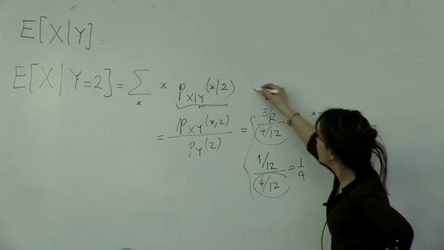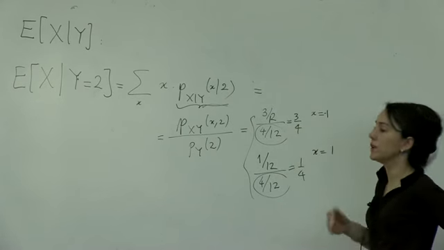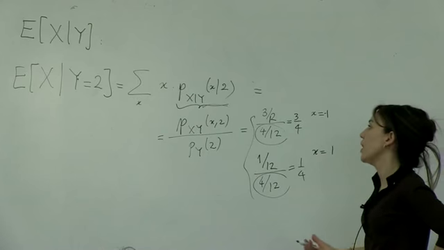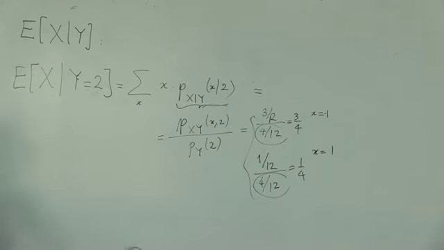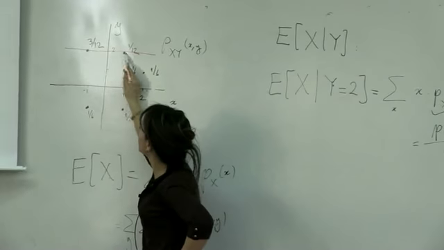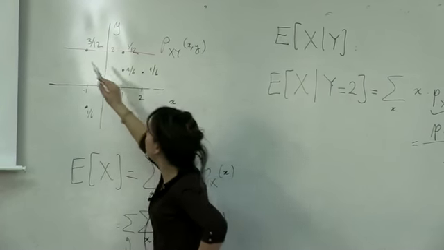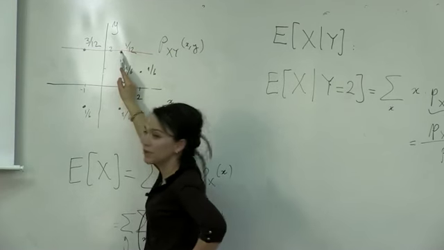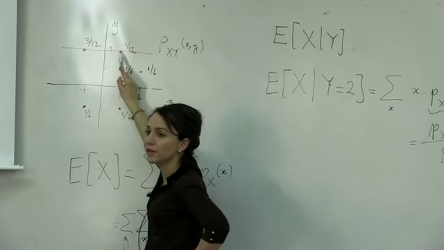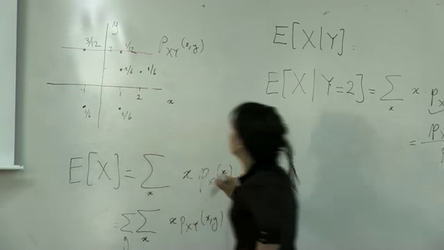Okay? So let's finish the computation of expected x given y is 2. It's basically just the center of gravity of this local distribution. Think of this as a stick, and these two masses are placed on the stick. Now I'm trying to find the center of gravity of the stick.